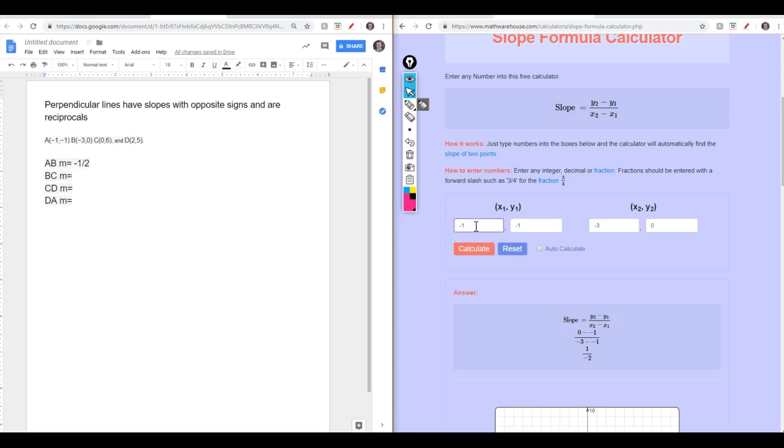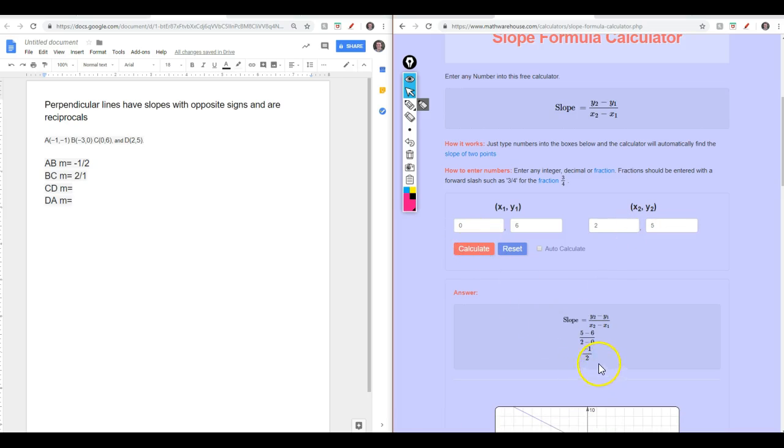So segment BC slope, I'm going to just put point C's coordinates in, (0, 6). It is at 2, and I'm going to remember that a whole number can be written as a fraction over 1, so that's 2 over 1. Just when I'm checking to see if we have perpendicular lines, I can easily see reciprocals. So then point C is already in, point D is at (2, 5).